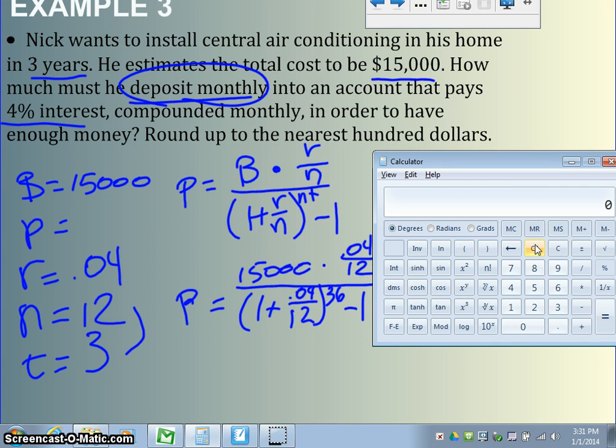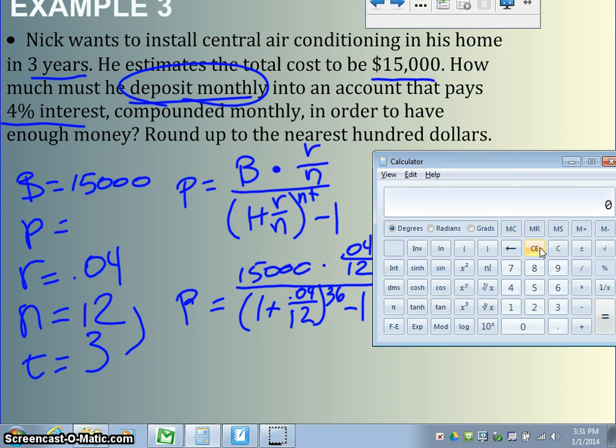And again, let's try this again. So 50 divided by 1 plus 0.04 divided by 12, close that parenthesis, all to the 36th power minus 1.